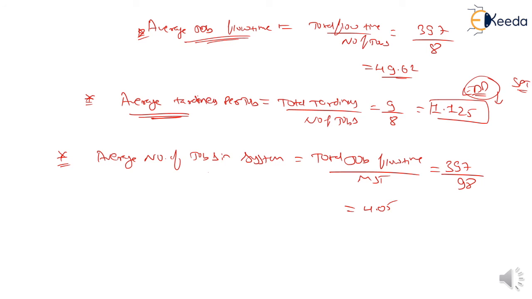The average number of jobs in system is 4.05 in EDD, but in SPT the average number of jobs in system is 3.816. So we can say that the average number of jobs in system, or average job flow time, is less in SPT as compared to EDD. So we can say that SPT is better than EDD.